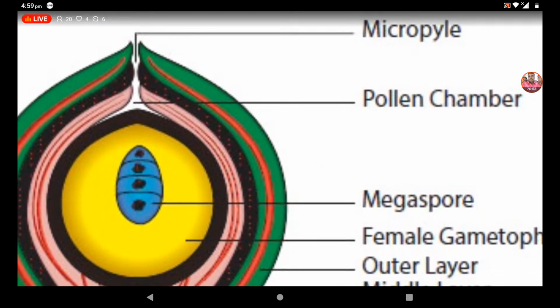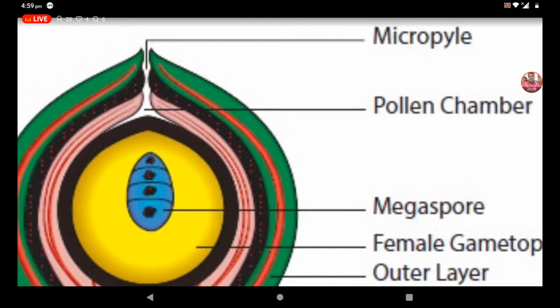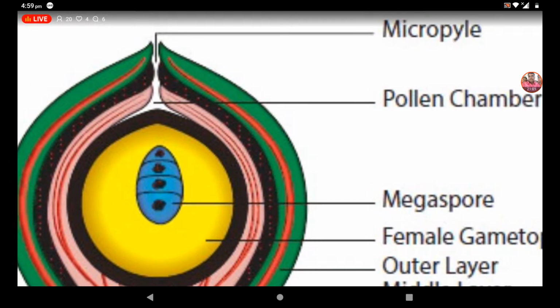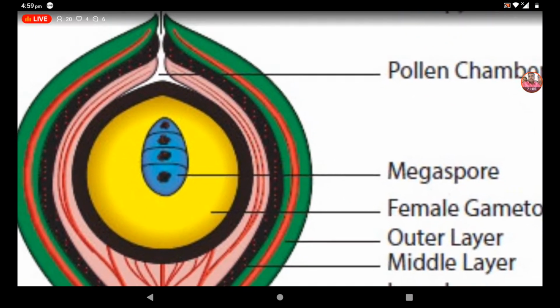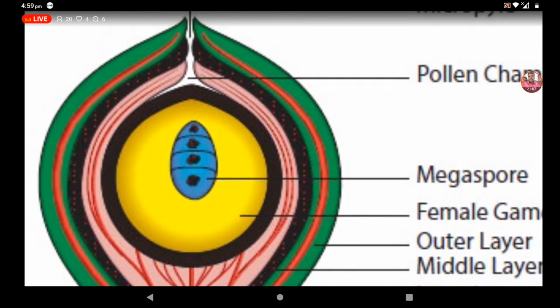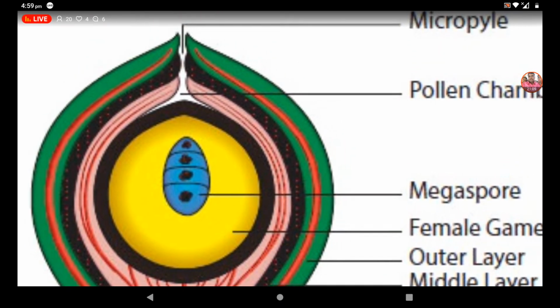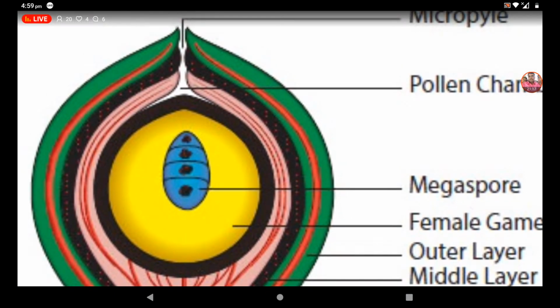The ovule structure in angiosperms is also almost similar. The small opening in the ovule is called the micropyle, and an integument is also present. Generally one integument only is present in Cycas, but in angiosperms two integuments are present. So the unitegmic ovule is a special feature of Cycas. Unitegmic means a single integument only is present in Cycas.